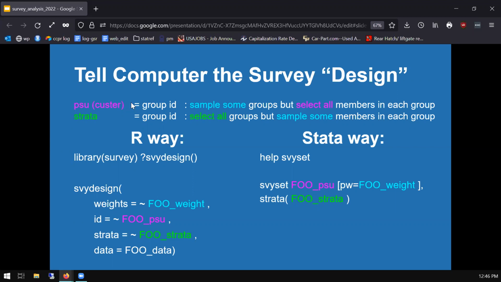For example, if I took a survey of UCLA and every academic department is the group, if I only select 5 departments, but each department I send a survey out to all of its students, that would put you more in the cluster group design, where inside that group, you're subject to have within group correlation.